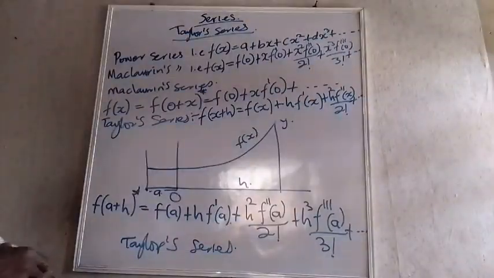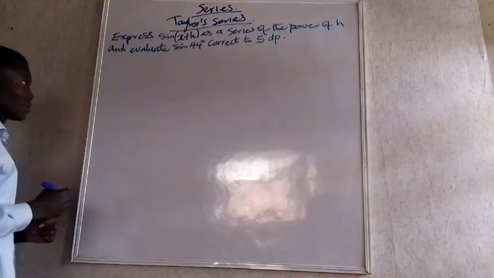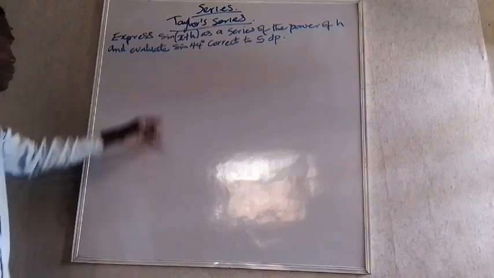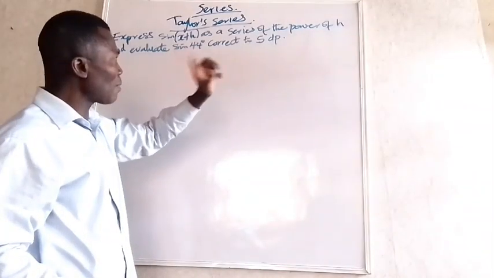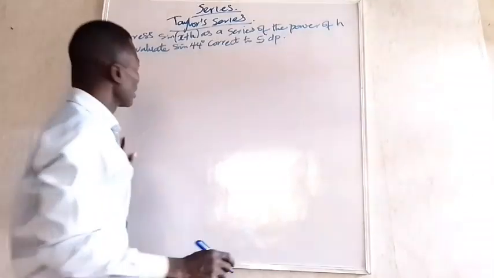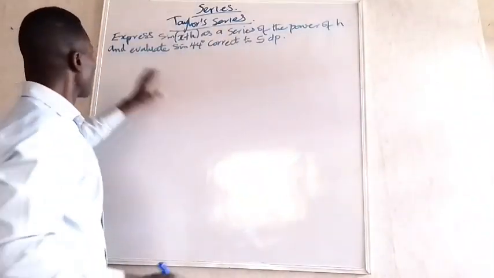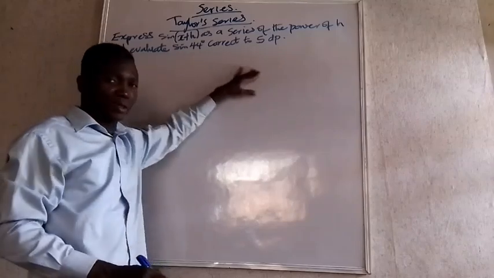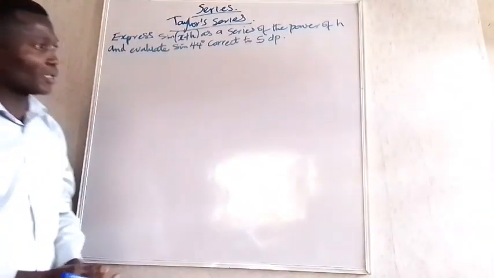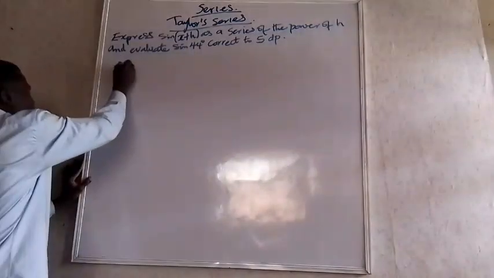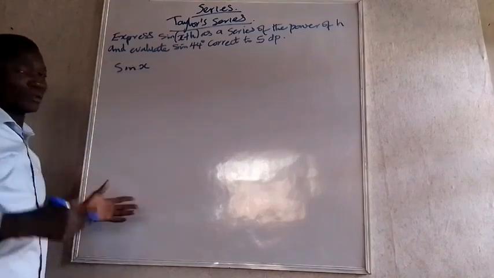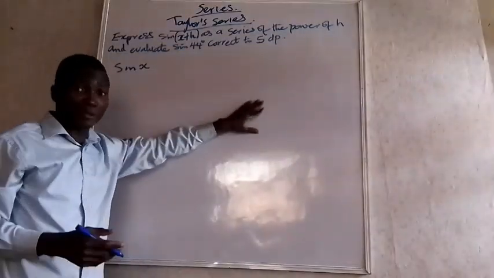Now let's look at one example. Let's calmly work this out. It says express sine of x plus h as a series of the powers of h, and evaluate sine 44 degrees correct to 5 decimal places. When we have sine x, we want to express it in powers of x.